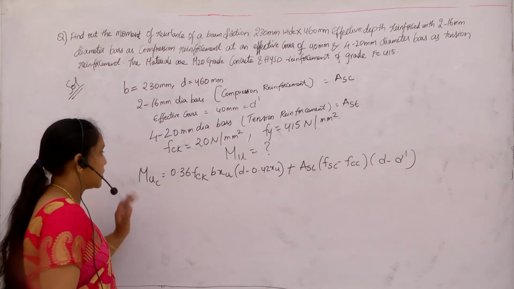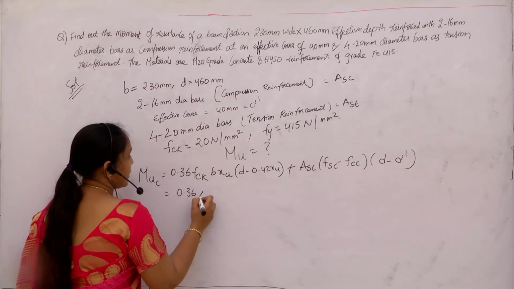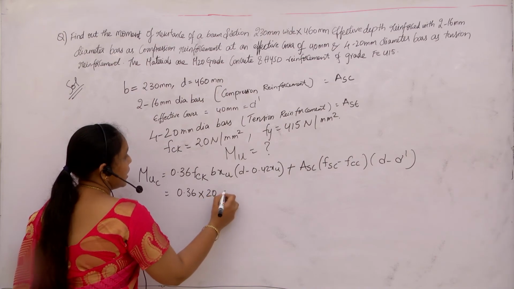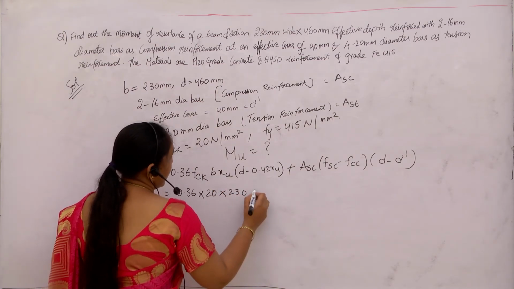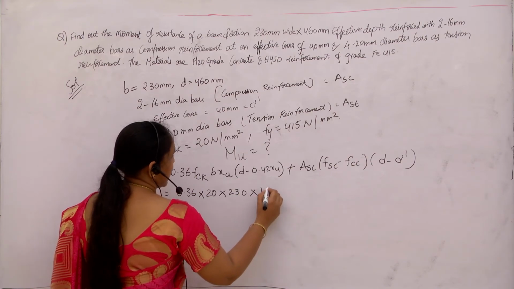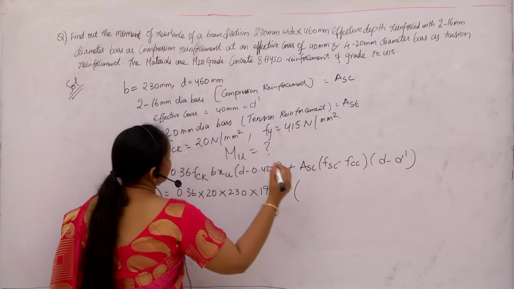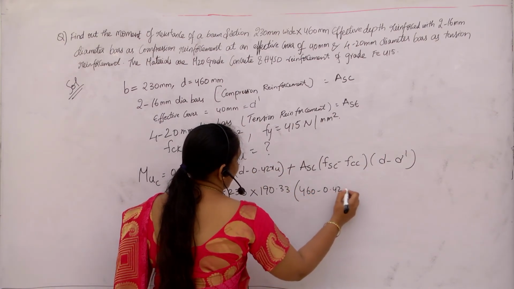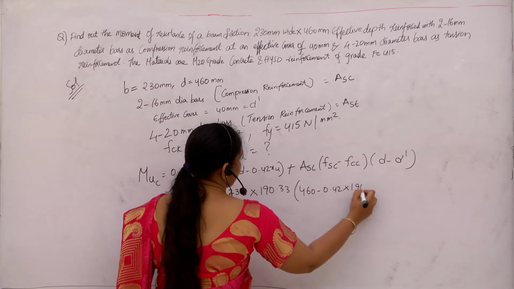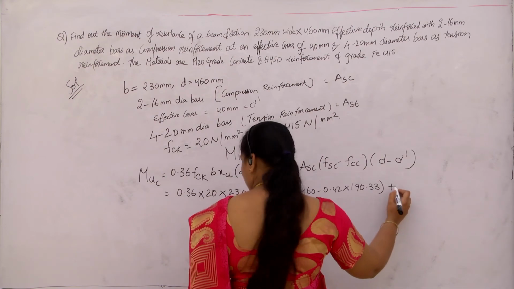So this is the equation. So substitute all the values here. It is 0.36 into what is FCK? It is 20. And what is B? B is 230. And XU, what is the value of XU we have calculated? It is 190.33 into what is D? D here is 460 minus 0.42 into XU. What is the value of XU? It is 190.33 into ASC. What is the value of ASC?